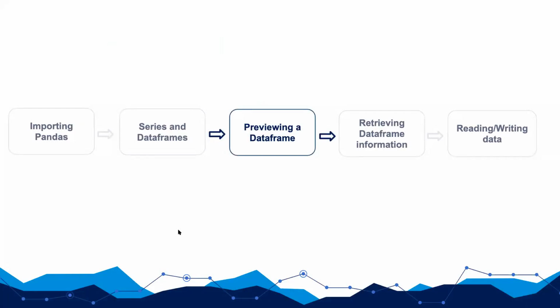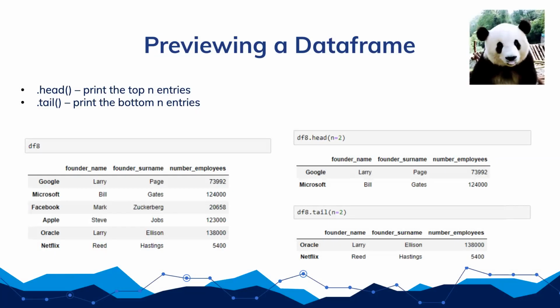So going on, previewing a DataFrame. When you are working with DataFrames, you don't want to see all of your data, or you just want to see the first line or the top 5 entries. So DataFrames have the properties head and tail.